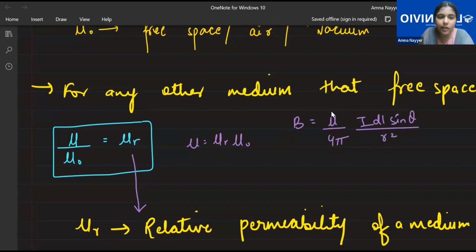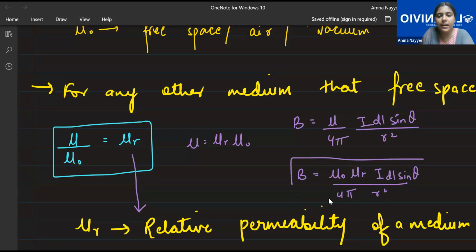So when you put the value of mu as mu r into mu naught, this will be mu naught into mu r I d l sine theta divided by r square and 4 pi here. This is the value which you can use and mu r will be mentioned to you.